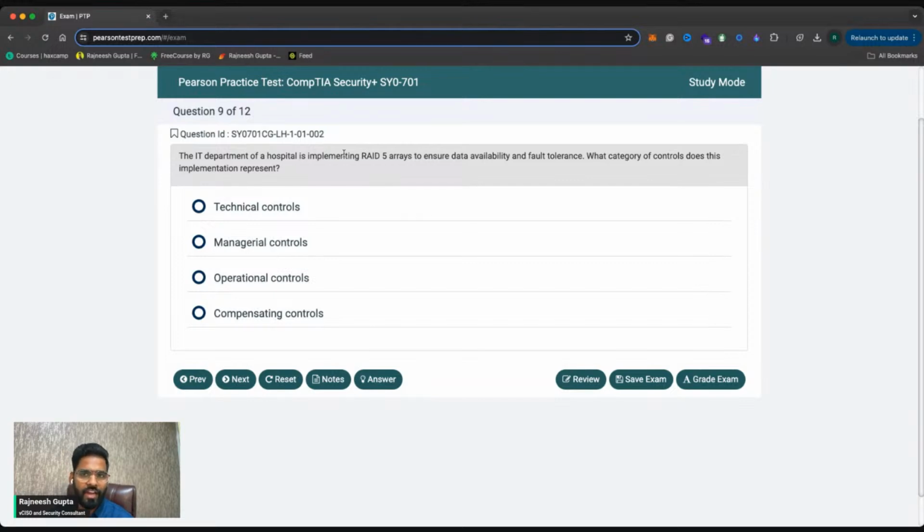So Harish, managerial control cannot be the right answer for sure. Compensating control shouldn't be the answer as well. So it could be either technical control or operational control. Agree? You opted for the 50-50. So you have either one of these: technical control or operational control. What do you think? Technical or operational?